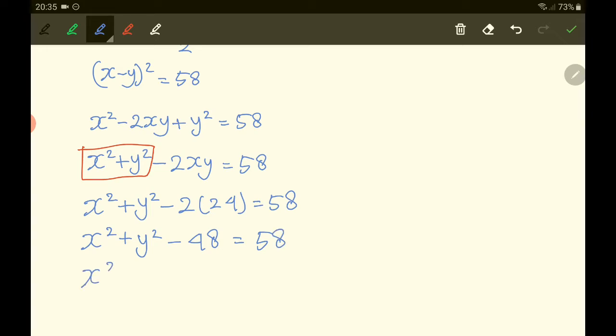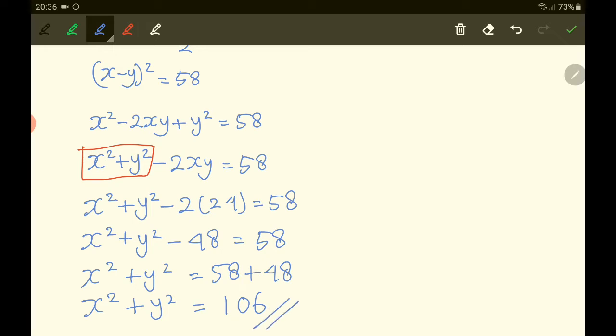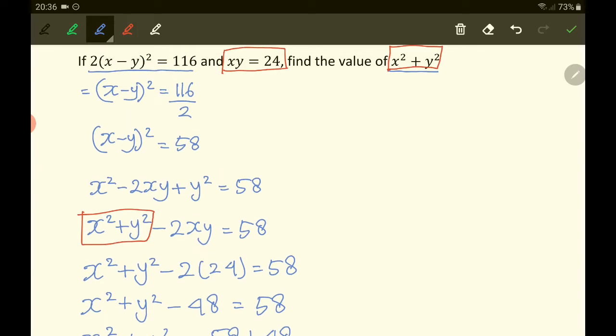Then x squared plus y squared is equal to, you move the minus 48 to the right and it becomes plus, so 58 plus 48. So you get x squared plus y squared is equal to 106. This is the answer for x squared plus y squared.